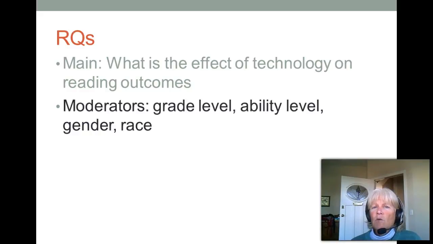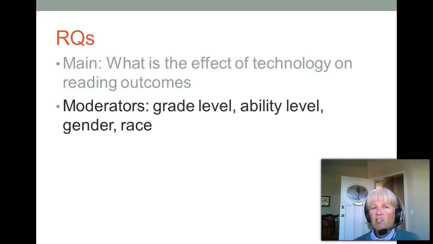And just to give you a working definition of each one, a moderator is a type of variable that typically represents a characteristic of an individual. So researchers might believe that outcomes could be different based on certain groups of people.